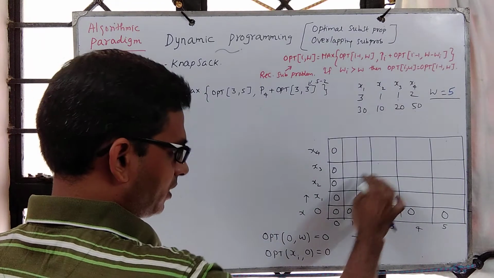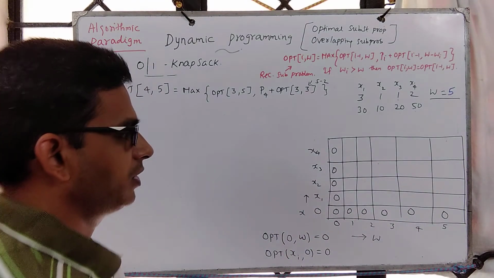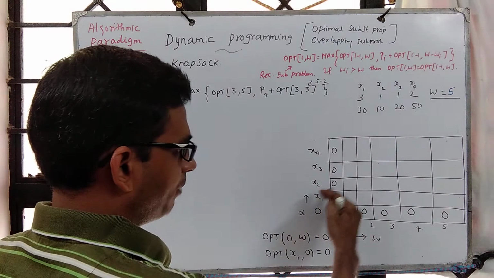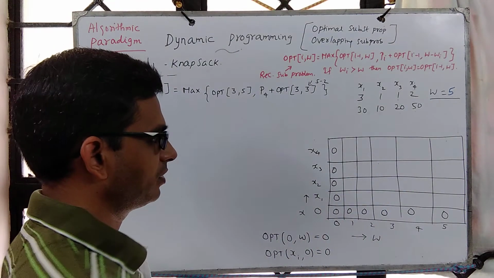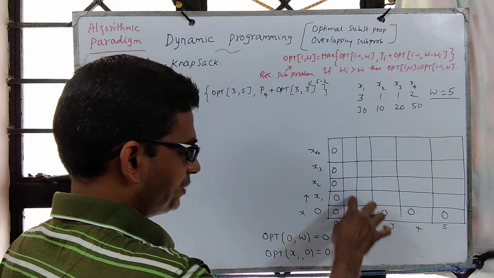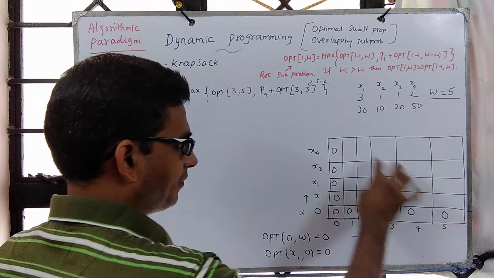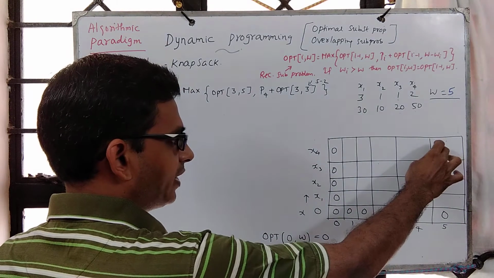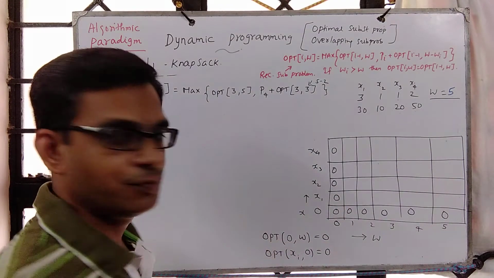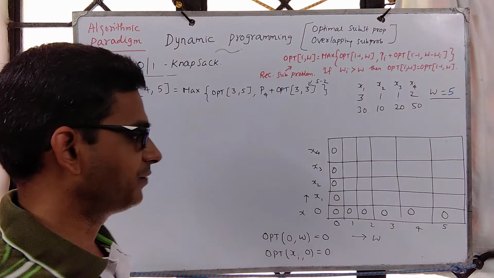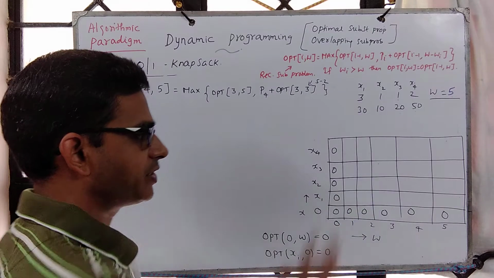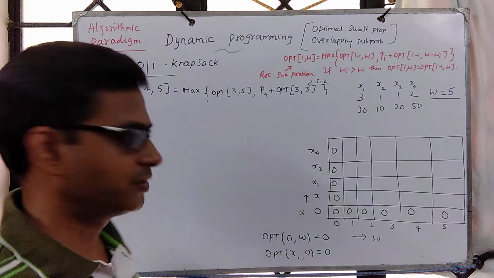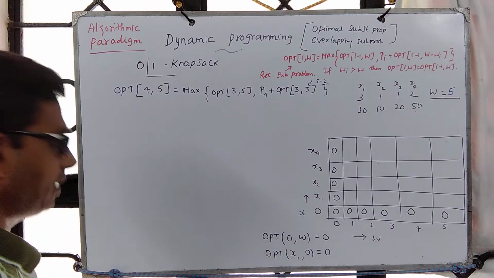Subsequently, this may depend on other subproblems. So what we will do is, we will populate in a bottom-up fashion, so that once we have these values, we can compute this. Once we have this, we can compute this. So when we come over here, whatever subproblem we look for, we will have solution for all of them. That would be a constant lookup in this table. So that's precisely the idea.